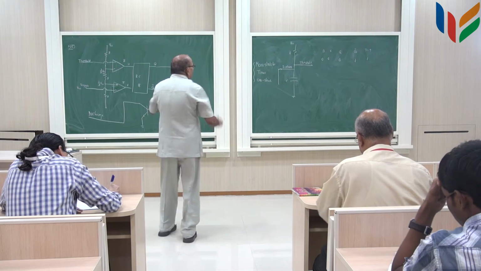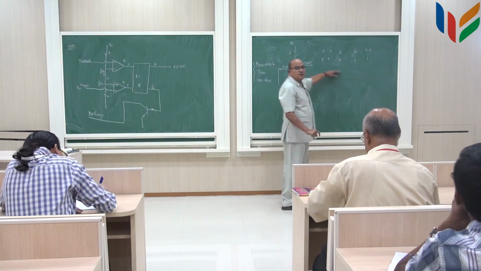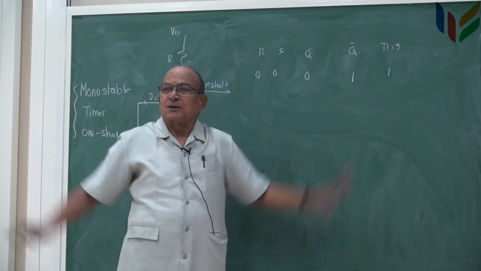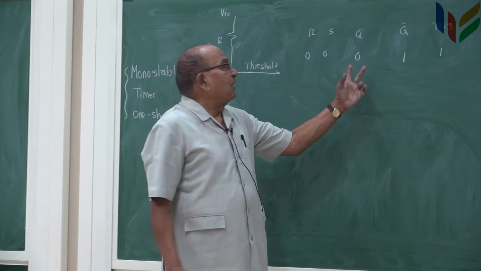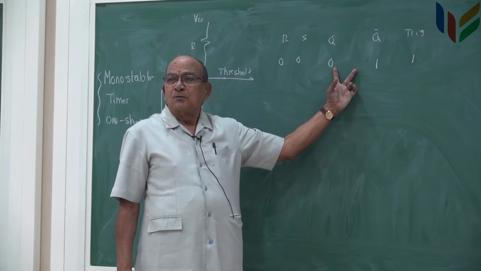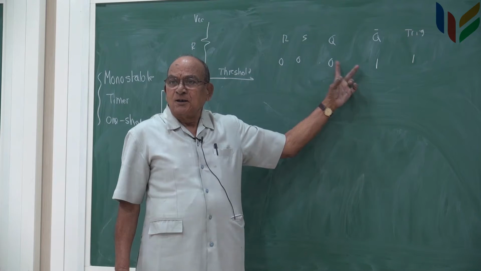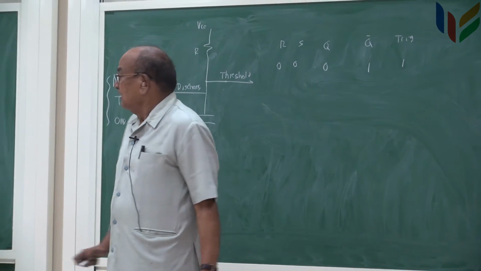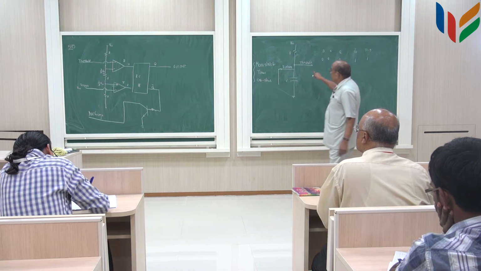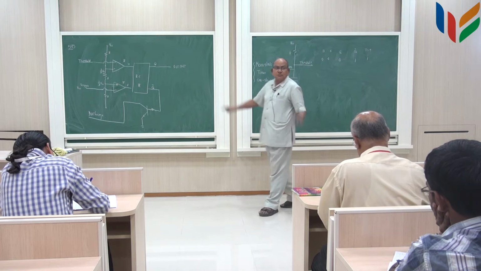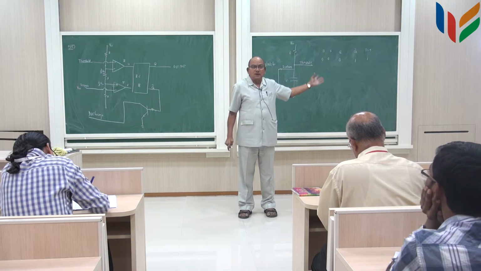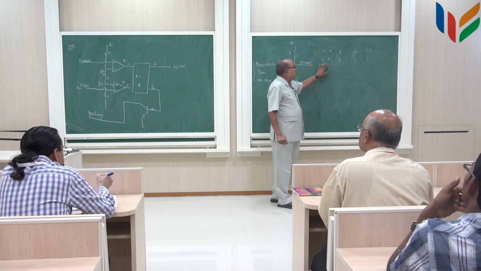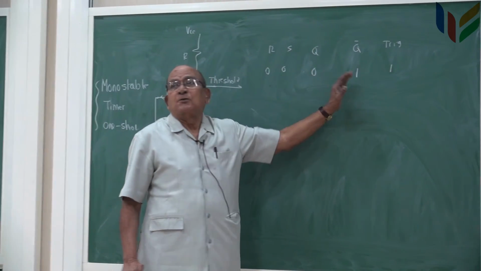Initially, I have to justify that this is the initial condition of all the terminals on the NE555 along with the external connection, right. I am starting with Q and Q bar being equal to 0 and 1, and I will justify that all other terminals are at what are mentioned here. And the logic state for this RS flip-flop must also be the same as this. We will check that. That means, if RS is 0, 0, then Q and Q bar must be at 0 and 1.